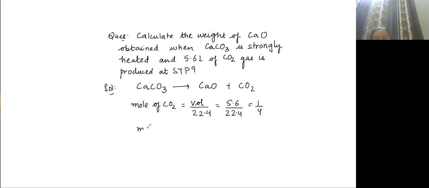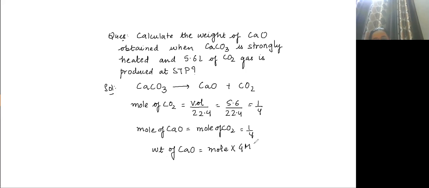So what will be the mole of calcium oxide? Moles of calcium oxide is equal to moles of CO2. So mole is 1 by 4. If mole is 1 by 4, what is weight of calcium oxide? That is mole into GMM. What is GMM of calcium oxide?